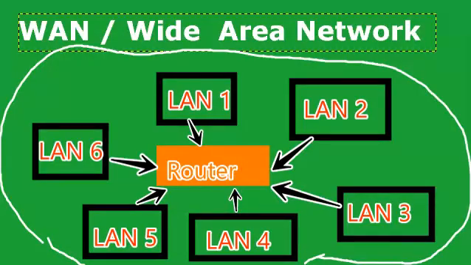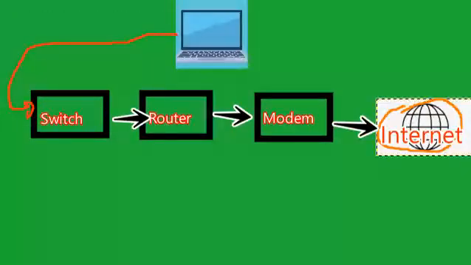So far in the networking lesson of today, we have talked about the switch, the router, the hub, but we have not spoken about the modem. Modem is a device that connects the network to the internet.